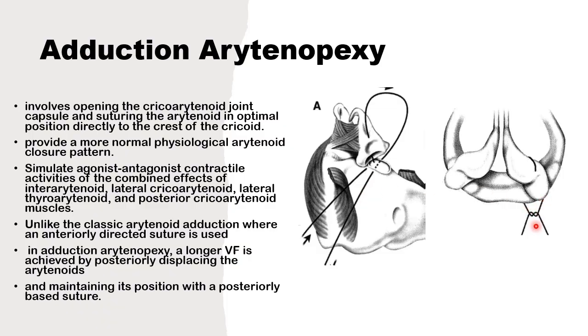And when the suture is tied, the arytenoid cartilage will be displaced backwards posteriorly a little bit.